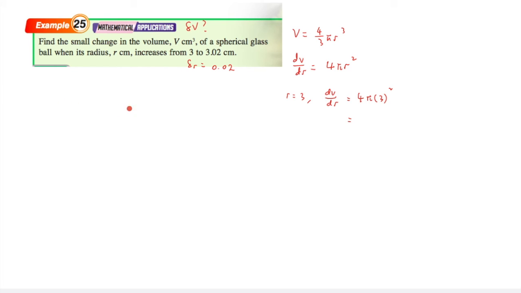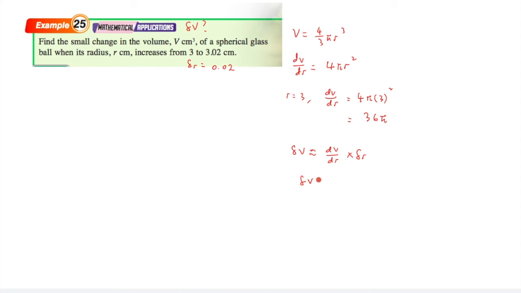Okay, that's all, like just now. dV dr is 36 pi. Now I want to find delta V. So easy, right? Delta V over delta r is dV dr, so delta V is approximately dV dr times delta r.